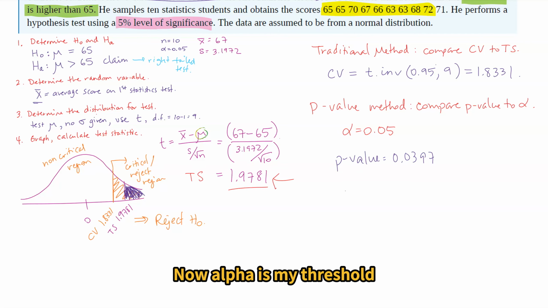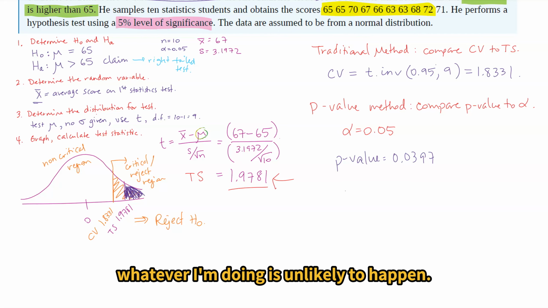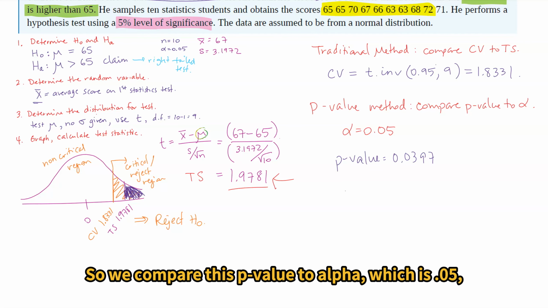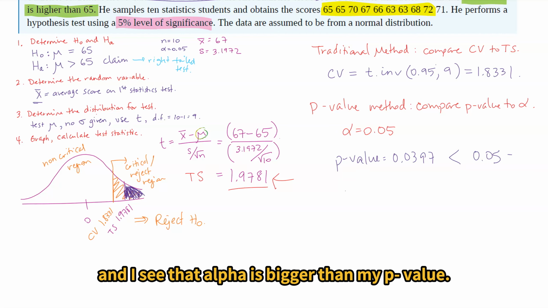Now alpha is my threshold. Anything less than alpha means whatever I'm doing is unlikely to happen. So I compare alpha to the p-value. So we compare this p-value to alpha, which is 0.05, and I see that alpha is bigger than my p-value.